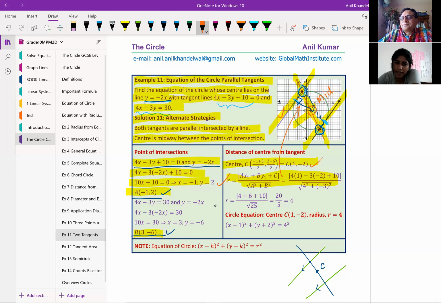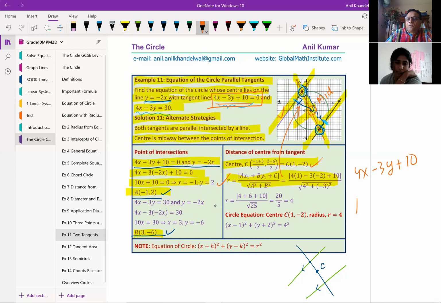Could you just explain how to use the formula again? A, B, and C. I don't get that. A, B, and C are from the equation of the line. In this particular case, I've used the equation of the line 4x minus 3y plus 10. You could use the other equation also, no problem.